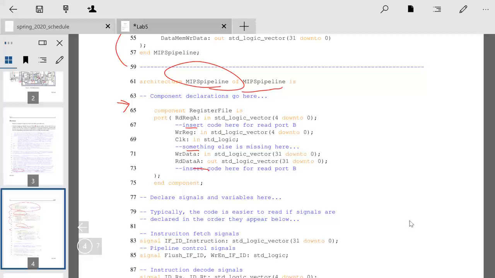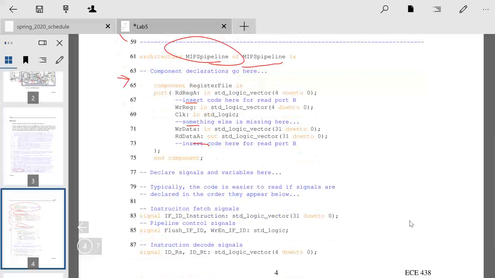So your ALU decoder, your instruction decoder, your forwarding unit, your pipeline control unit, all of those components need to be declared here, and the order doesn't matter. You can declare them in any order. Really, that's the easiest way to get started, is just declare all your components.